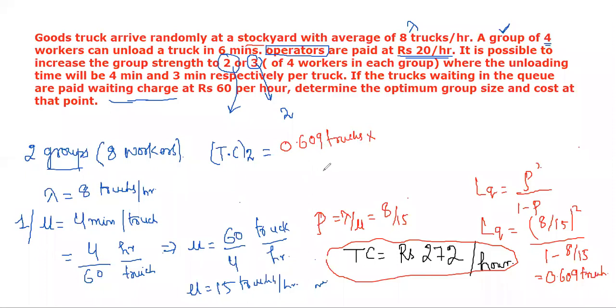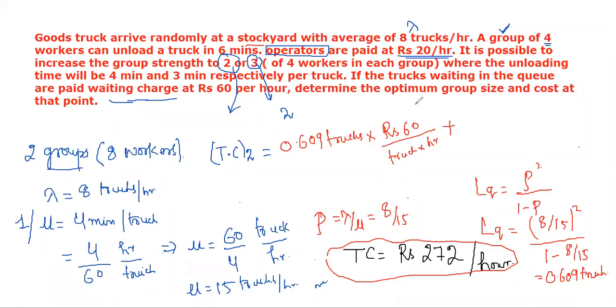Multiplied by the waiting cost per truck per hour, that is rupees 60. Okay, that will be the same in all the cases, that is rupees 60 per truck for 1 hour. This is the waiting cost plus the salary of the workers. The salary of the workers is the number of workers into the salary of each worker per hour.